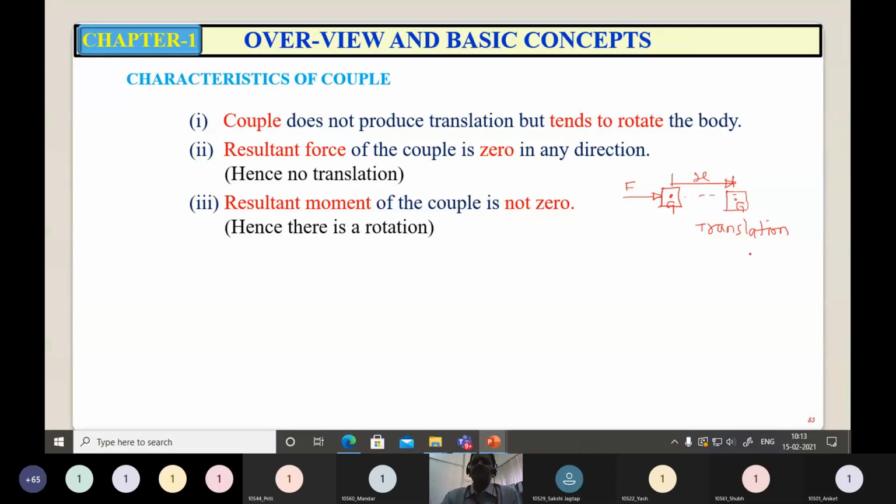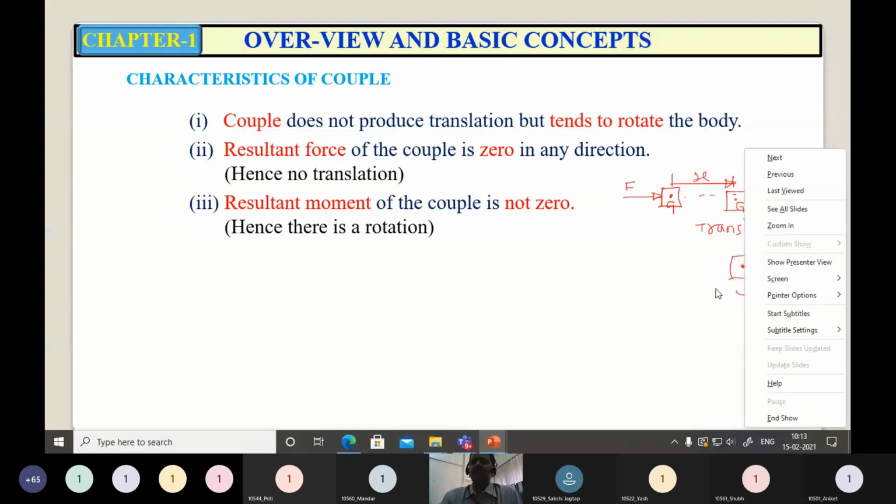Suppose this body having center of gravity G is rotating about point G only, so the entire body is rotating about point G. So is there any change in the position of G? No. Am I right?